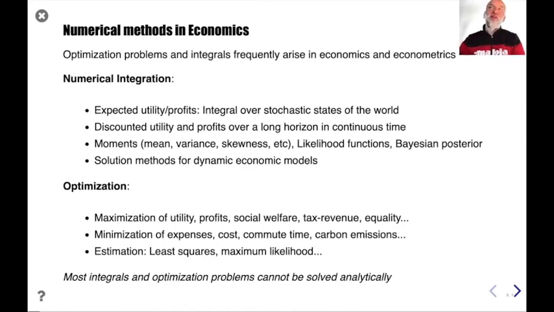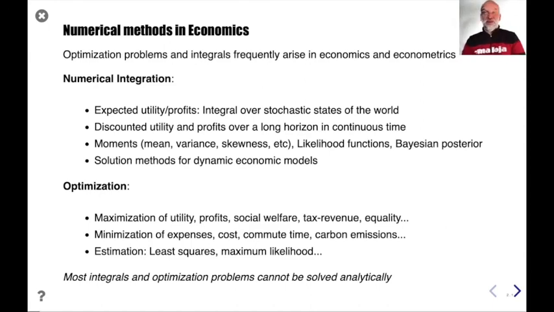There's always some integral. You always need to take expectations and integrate out those stochastic future states of the world. That's another example where you'll need numerical integration, and we'll give some examples of how you actually do that today.